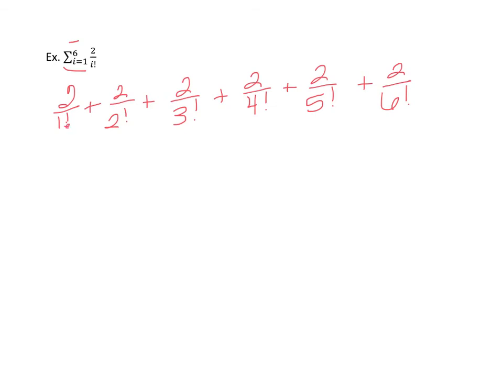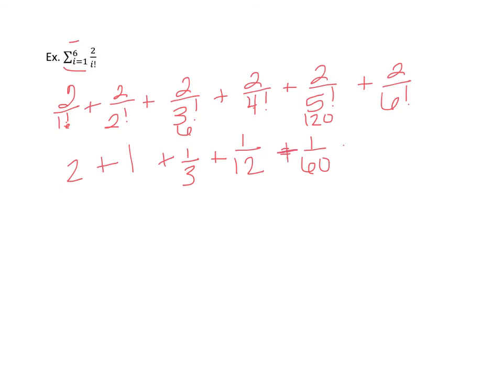We know 1 factorial is 1, so that's 2. 2 factorial is 2, so that's 1. 3 factorial, I think we said that was 6, so there's 1/3. If that was 6 times 4 would be 2 over 24 would be 1/12. If that's 24, 24 times 5 would be 120. So that'd be 1 over 60.